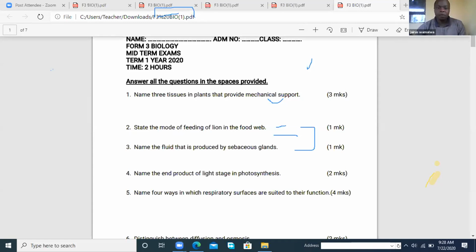So the first question is, name 3 tissues in plants that provide mechanical support. You remember, this is about transport. When we talked about transport in Form 2, we discussed some support, and I was expecting that we have it interactive. Those joining, welcome.